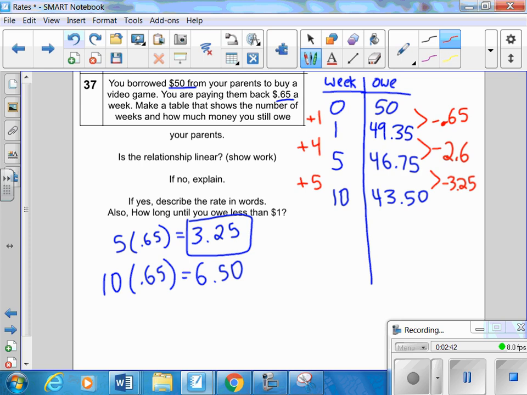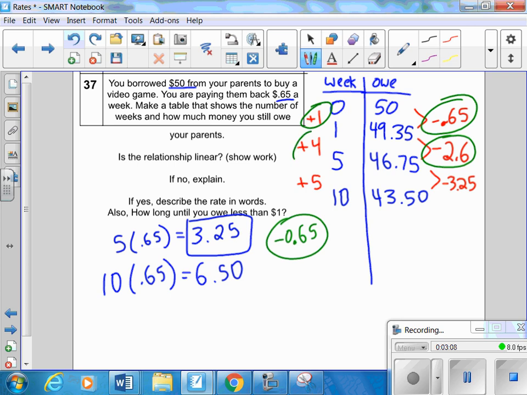Okay, so now for each change in y, let's divide that by the corresponding change in x. So let's take negative 0.65 and divide by 1. You're going to get negative 0.65. Okay, and that's for the first change in x and y. Now take negative 2.6 in your calculator and divide by 4.